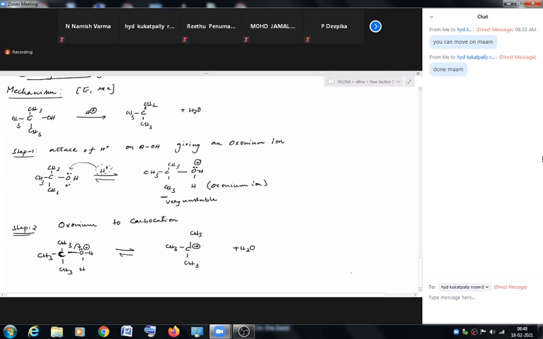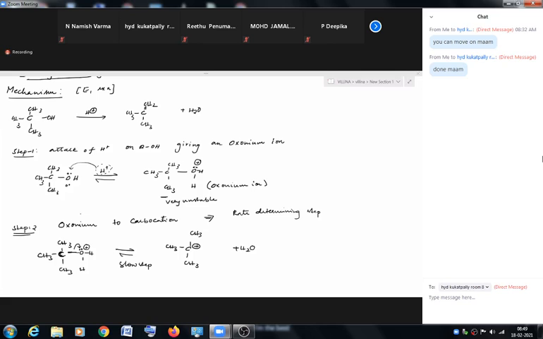Now this is our rate determining step. This is a slow step, and this is our rate determining step. Formation of cation is our rate determining step.